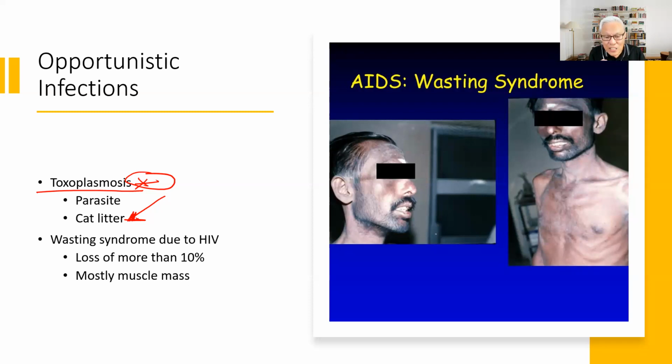Wasting syndrome is when you have a loss of more than 10% of your body weight, and the loss is mostly muscle mass. So remember this one. If you have more than 10% loss in your body weight, that is the definition of wasting syndrome.